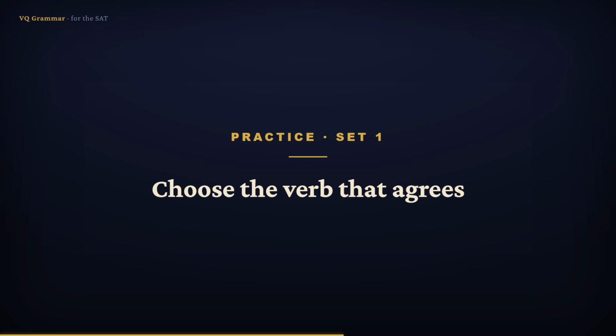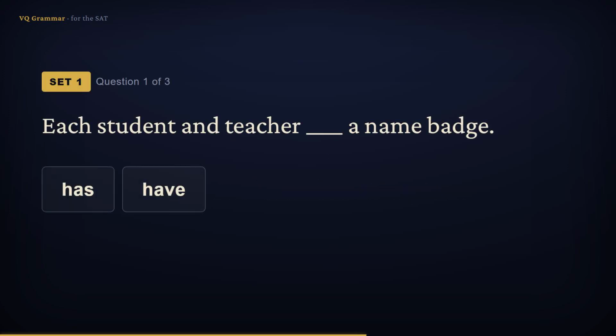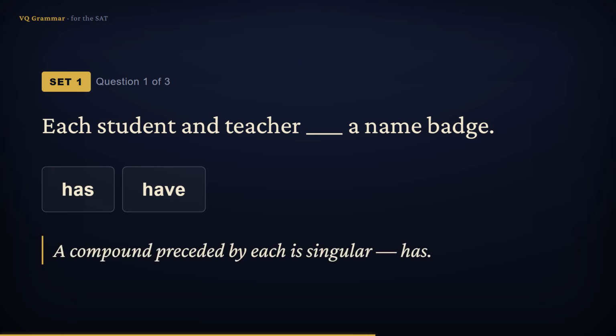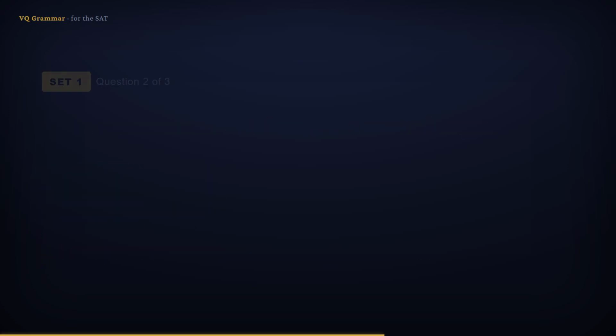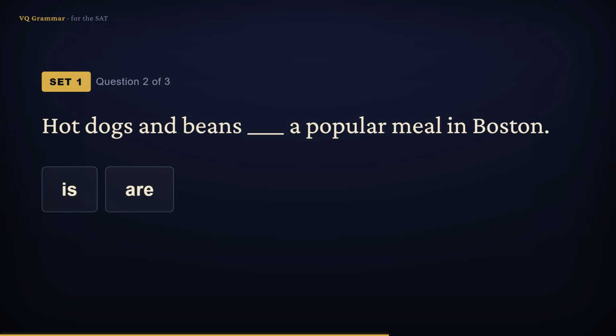Let's practice. Check the connector first, and, or, every or each, then choose the verb. Pause and try each. Each student and teacher blank a name badge. Each makes the compound singular, so has. Hot dogs and beans blank a popular meal in Boston.